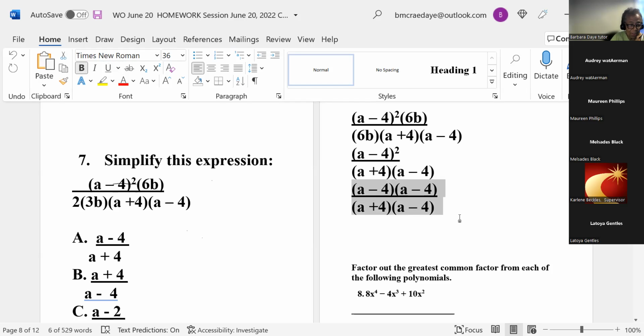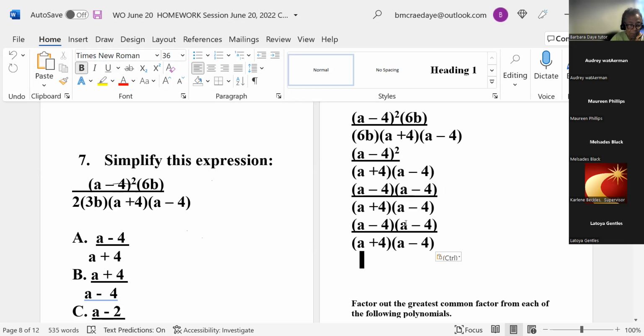That's a 1. So we'd have a minus 4 left in the numerator, and a plus 4 in the denominator. So this comes out because it's over itself, which is a 1. So what answer is that, Mercedes? A minus 4 over a plus 4.